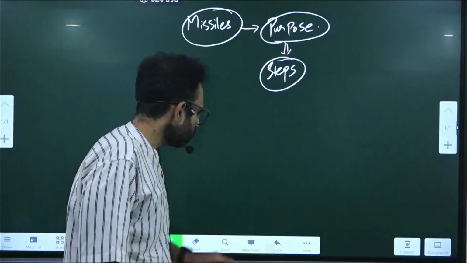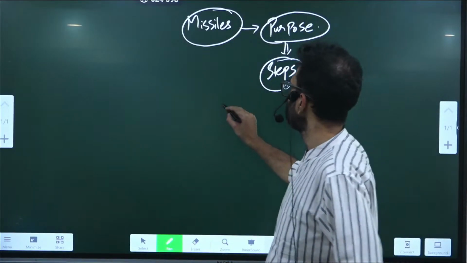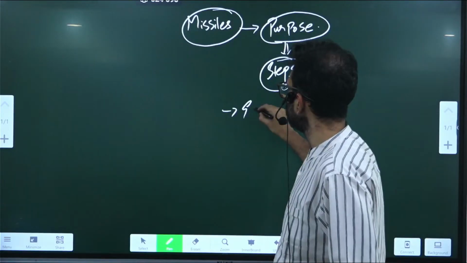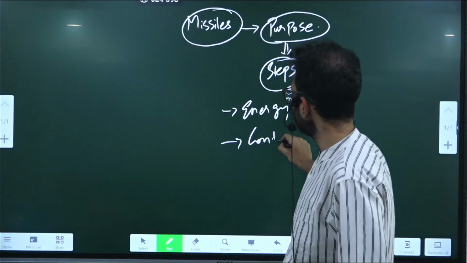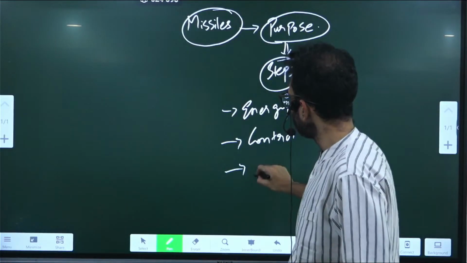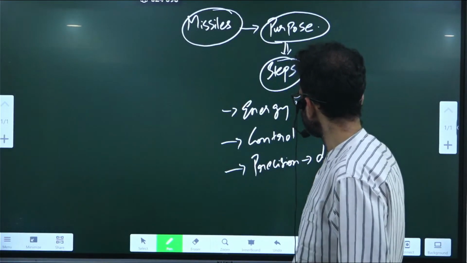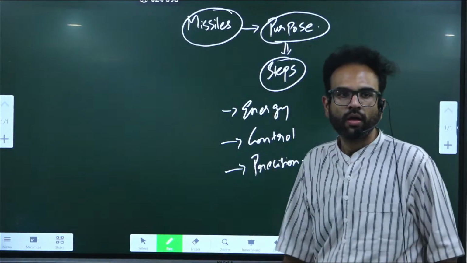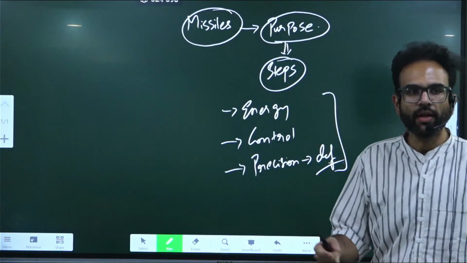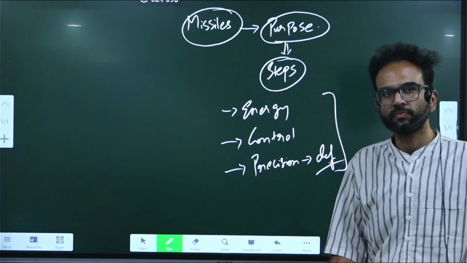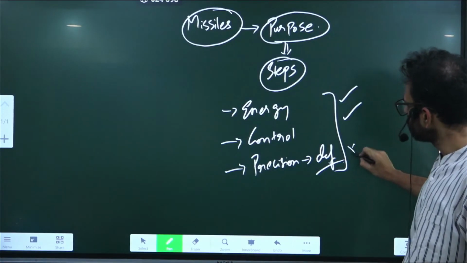Now, whenever you are talking about these three needs, that is the energy need, then control or stability, and finally precision despite distance, these three cannot be solved by all the missiles. Some missiles have these two, not so great at this.